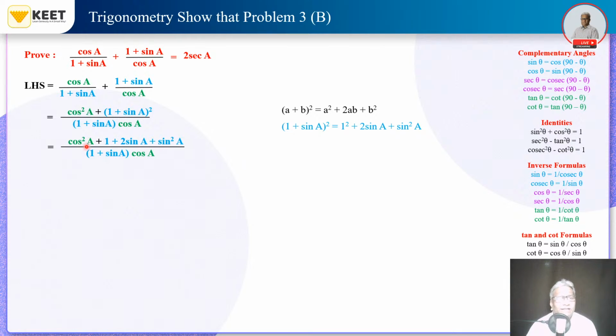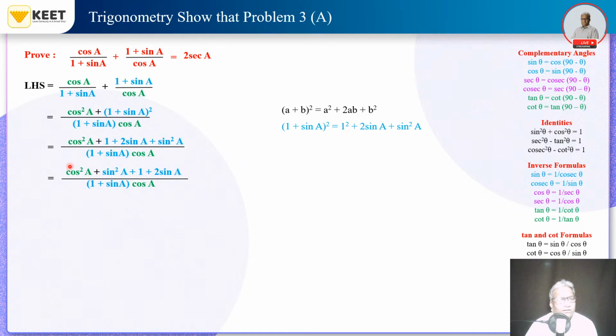In short, we rewrite the terms, and on rewriting you will get cos square A followed by sin square A, and then the other terms, that is 1 plus 2 sin A. So the step will be in this way: cos square A plus sin square A, then 1 plus 2 sin A is written ahead. The denominator is kept as it is.